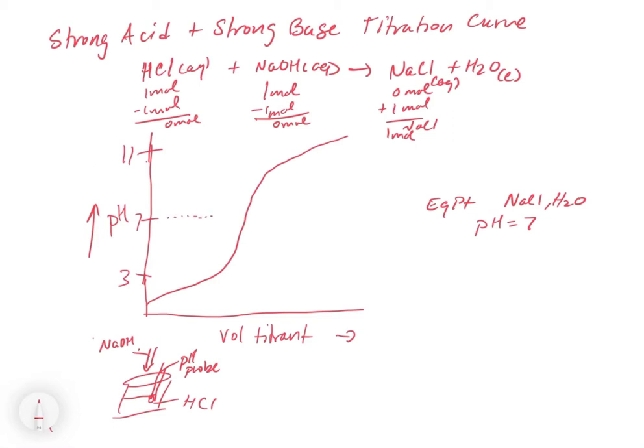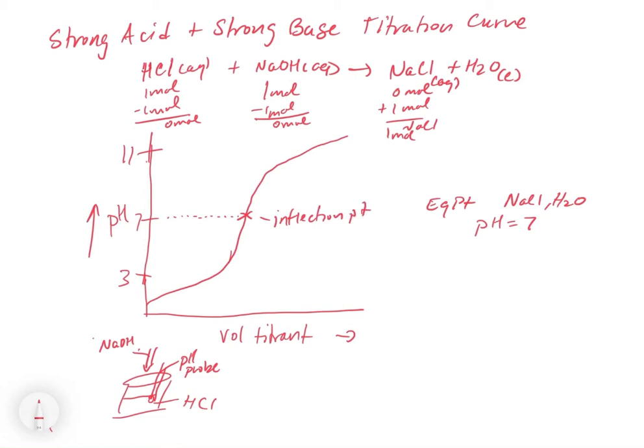If you look where pH 7 is, it's in the middle of this rapid rise. That makes a lot of sense, and we're going to talk about why in a few minutes. Whenever you have this rapid rise, the inflection point in that rapid rise is the equivalence point.